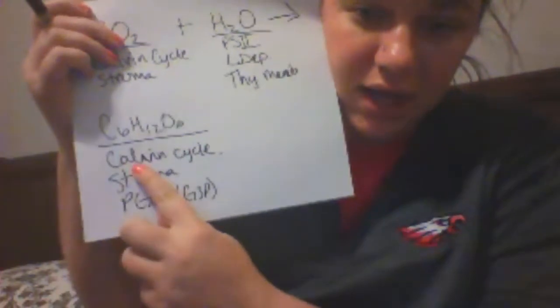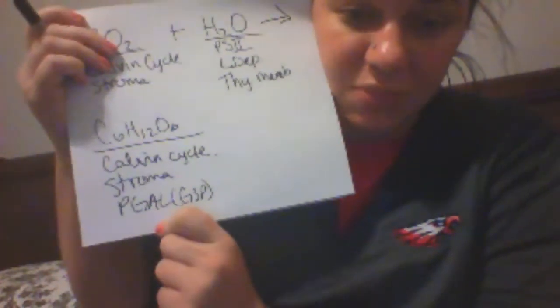And then glucose in a plant, you end up seeing made in the Calvin cycle, in the stroma, also known as PGAL or G3P. Okay, Calvin cycle, stroma, made in PGAL or G3P.